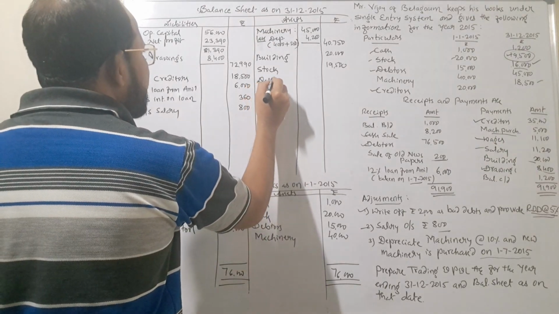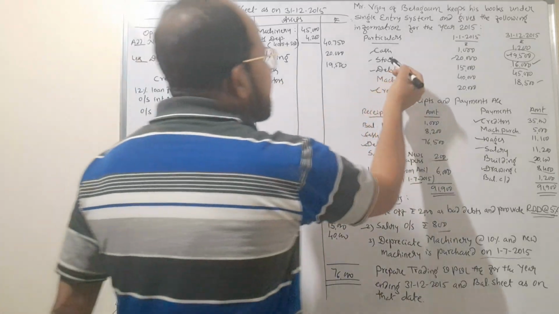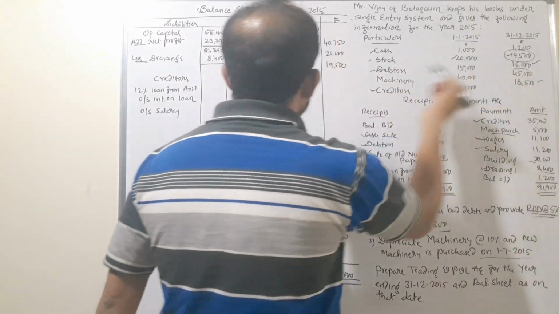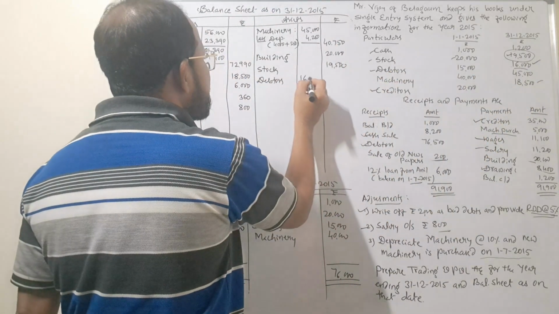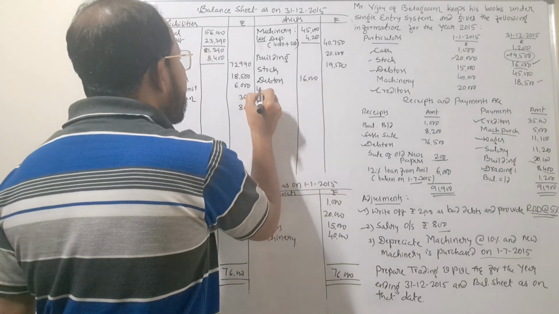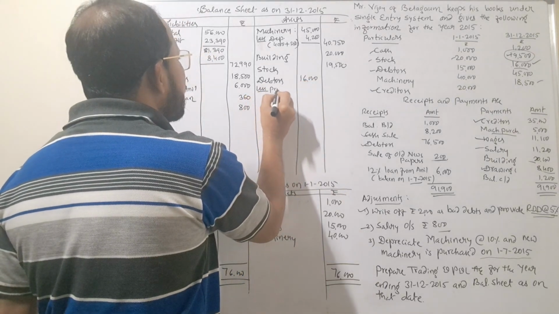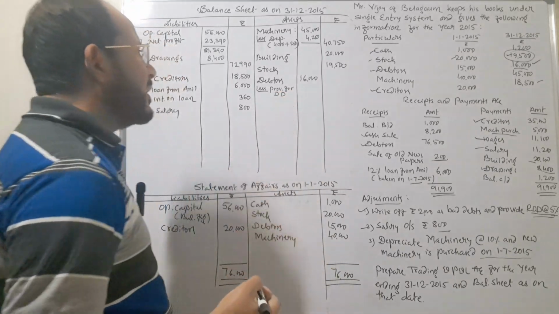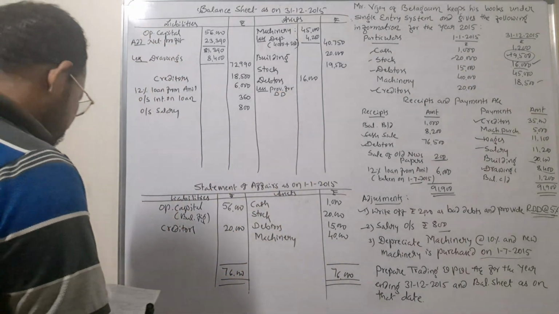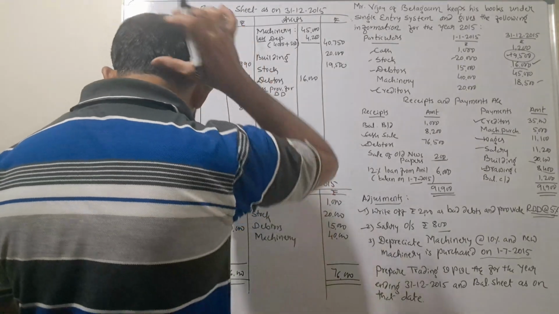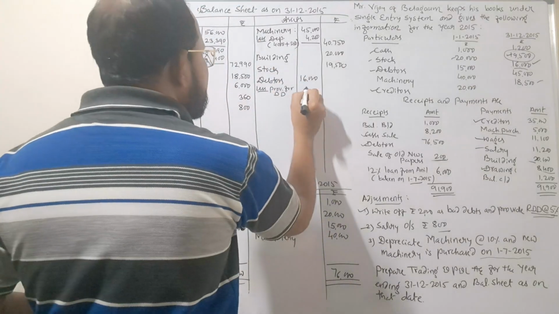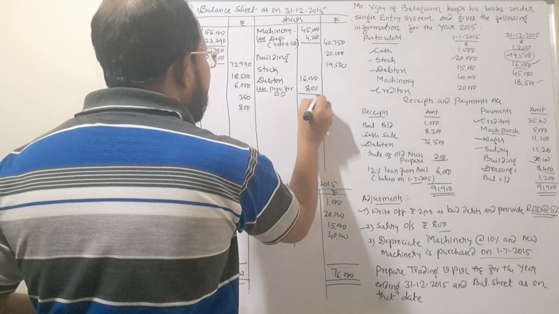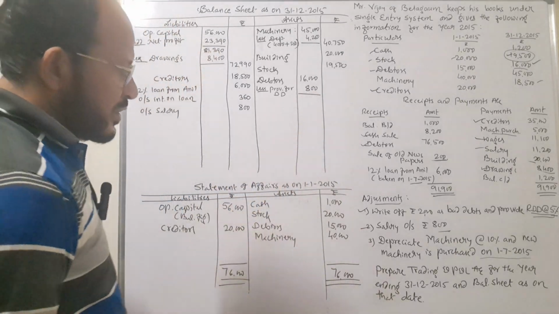In debtors, closing balance is to be taken, rupees 16,000 first, and whatever the RDD, provision for doubtful debts, we calculated. It comes to rupees how much?